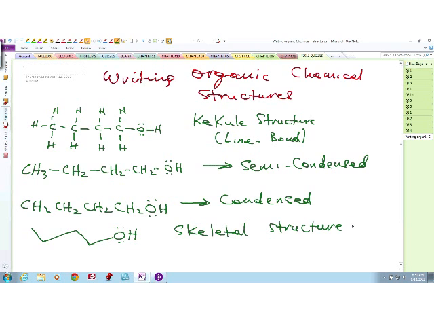Notice in the skeletal structure, you do not show the carbon atom or the hydrogen atom attached to carbon. In the skeletal structure, the end of a line is a carbon atom, and the intersections of 2 or 3 lines is also a carbon atom. So this is a carbon atom here.